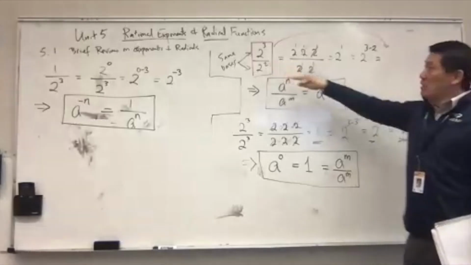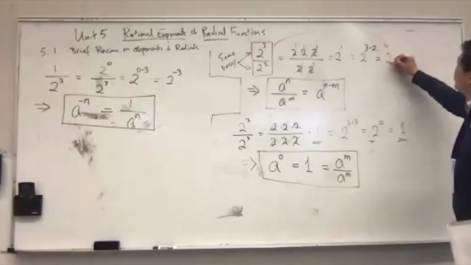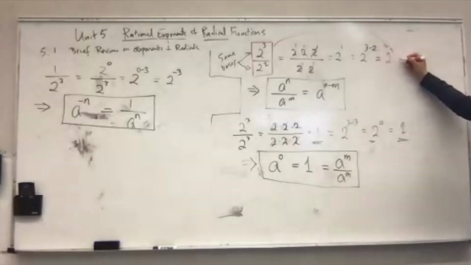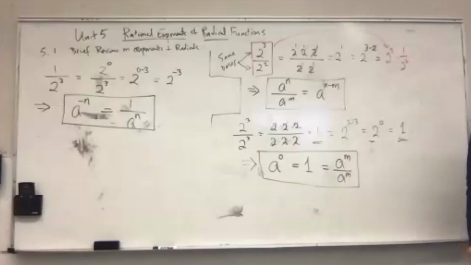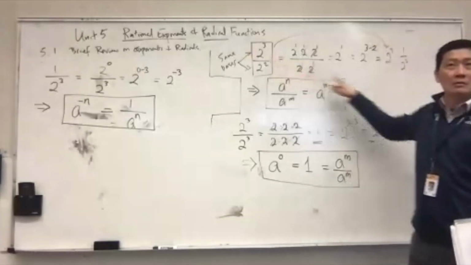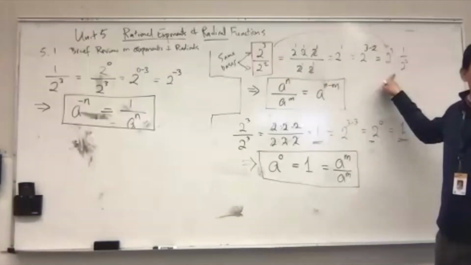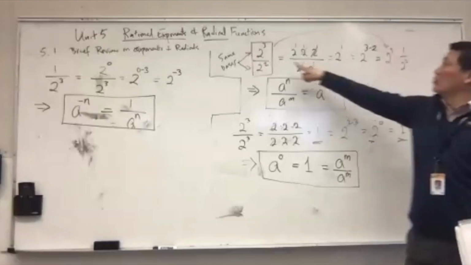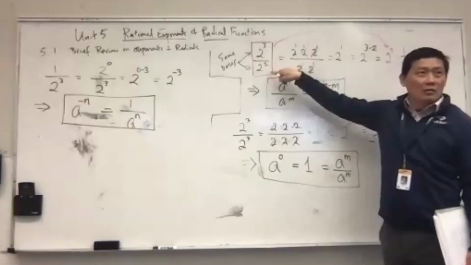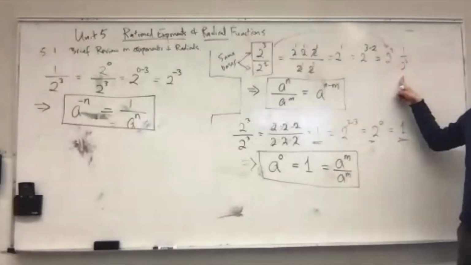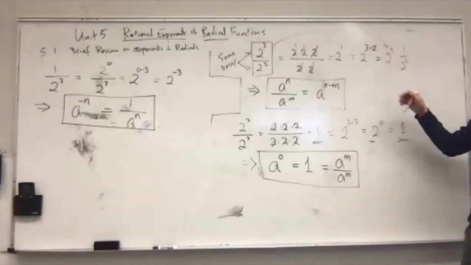Can I write this as 2 to the third power times 1 over 2 squared? This one is the 1 over that. Yes or no? Yes. Makes sense? So far, so good.